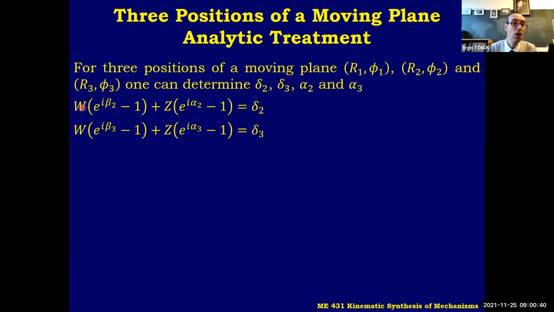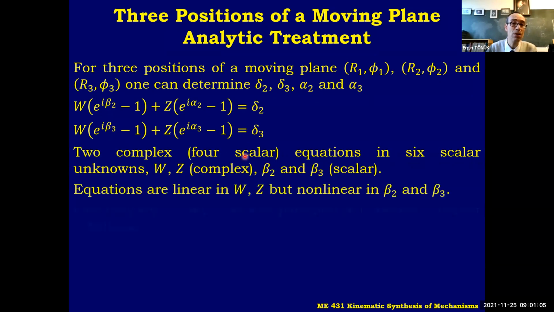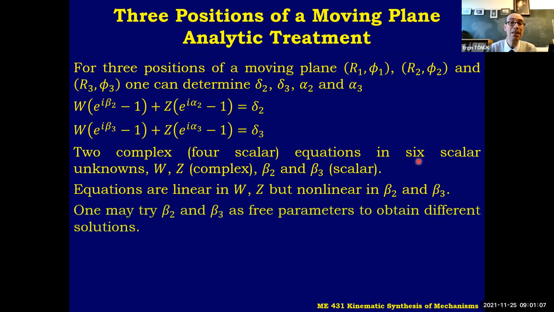So we have two unknowns for W, the real and imaginary part. We have two unknowns for Z, the real and imaginary part. But beta 2 is a real angle. Okay. So we have one unknown for this, one unknown for that. So what happens is this. We have two complex, four scalar equations in 6 scalar unknowns.